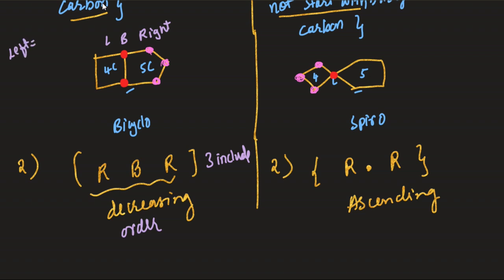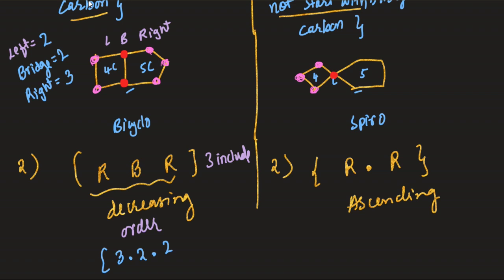How many pink carbons do we have for the left one? 2 carbons, right? Bridge has a total of how many carbons? 2 carbons. Next, right side has how many carbons? 3 carbons. So decreasing order indicates what? 3 dot 2 dot 2.